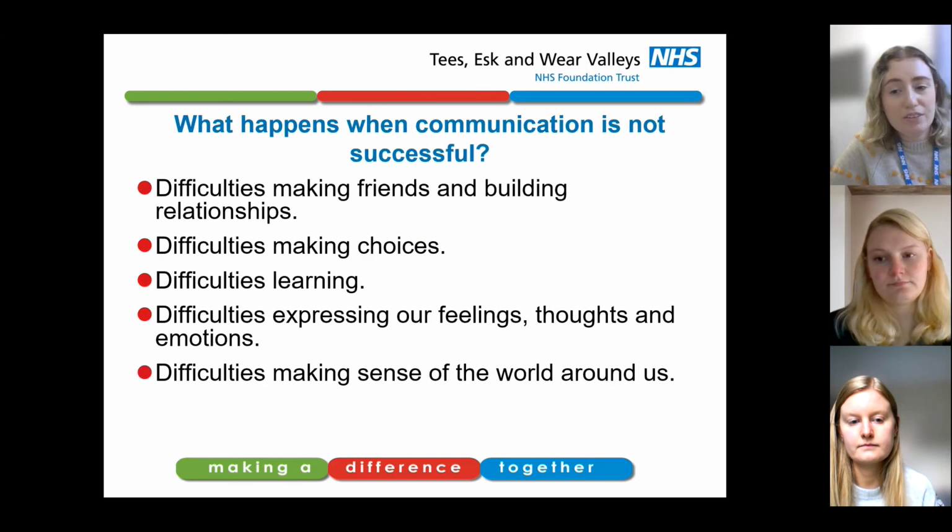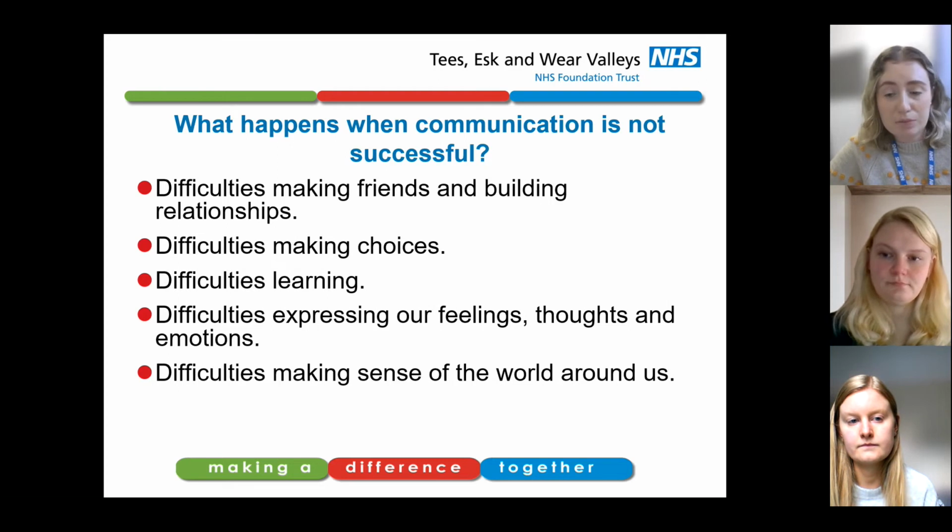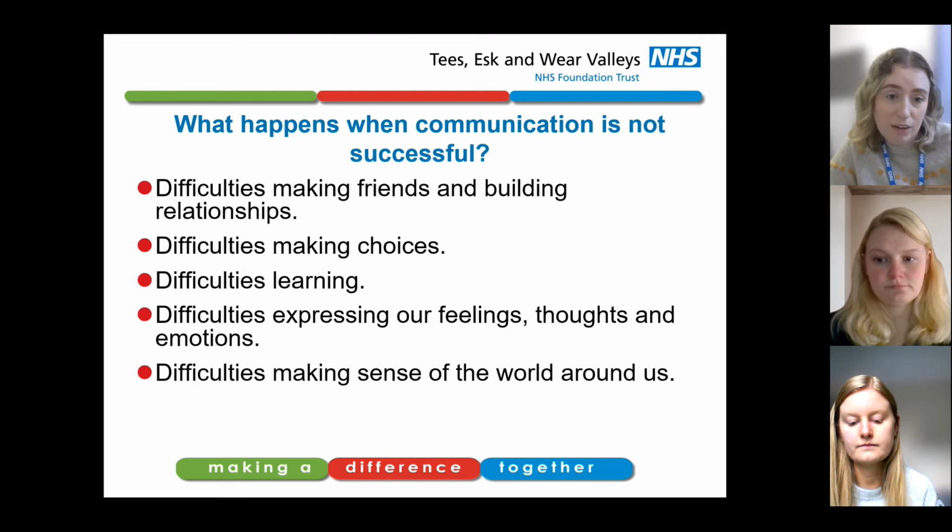And what happens if communication is not successful? So if we've done our best, we've considered their health, their mood, a shared means of communication, and it's still not successful, then this person is going to have some difficulties making friends and building relationships. And it might be that they can start relationships, but they can't maintain them.